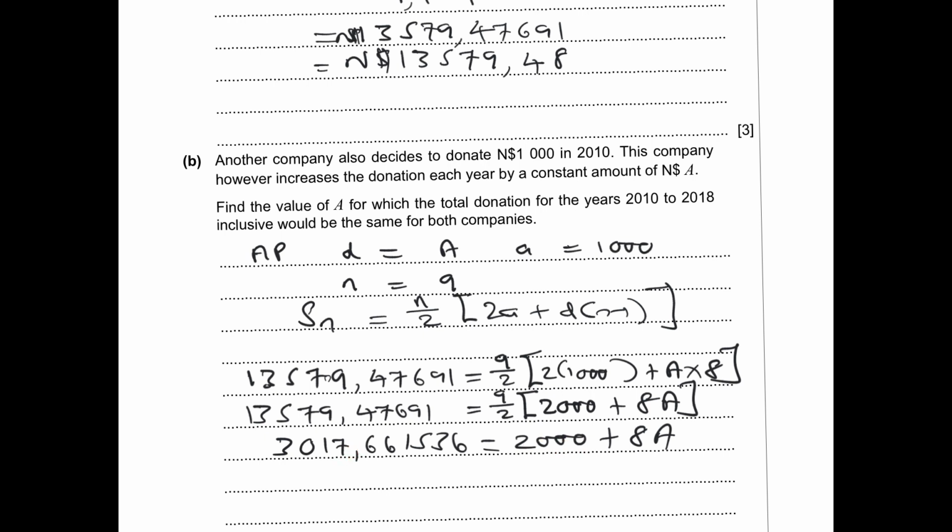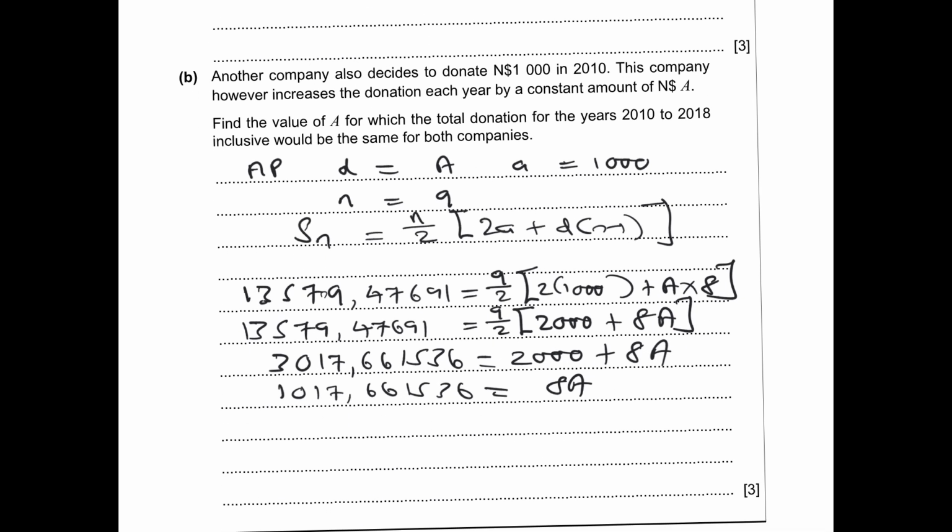We are going to have 1,017, of course, 0.661536 is equal to 8a. All right, divide both sides by 8.